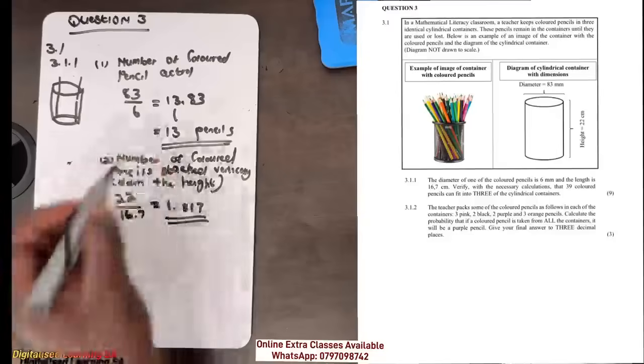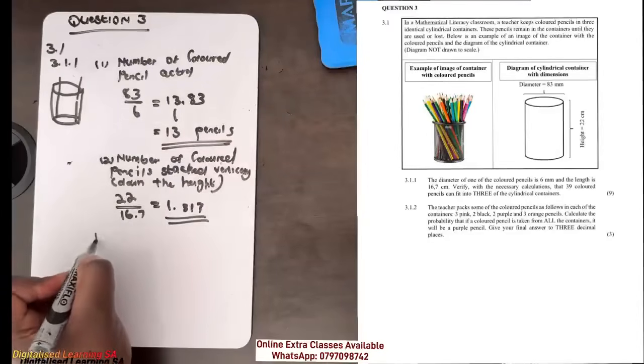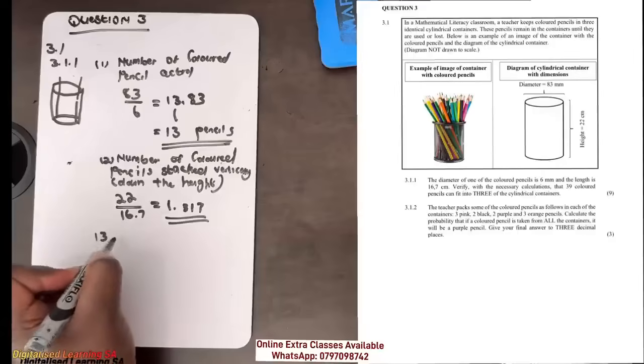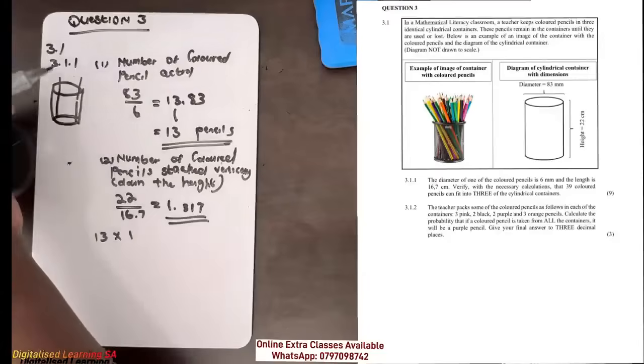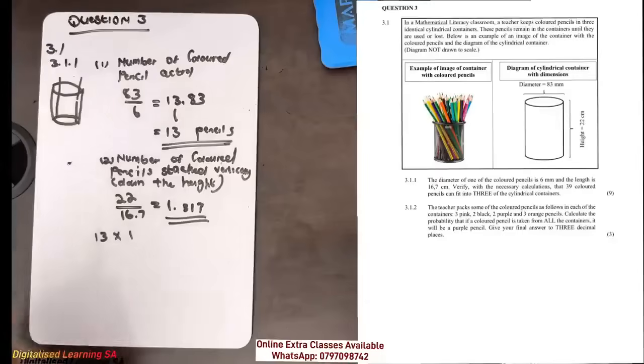So we know that we have 13 pencils. So we are going to say 13 divided by 1, because each pencil will only stand. There won't be a pencil standing on top of another pencil.